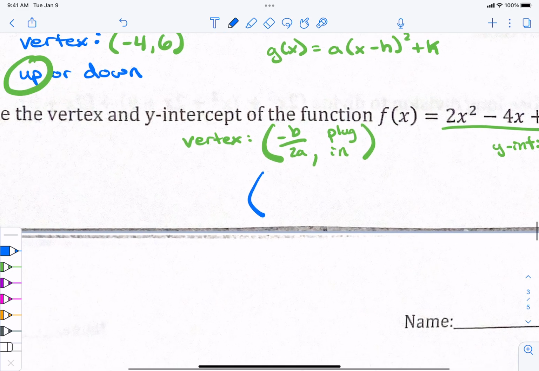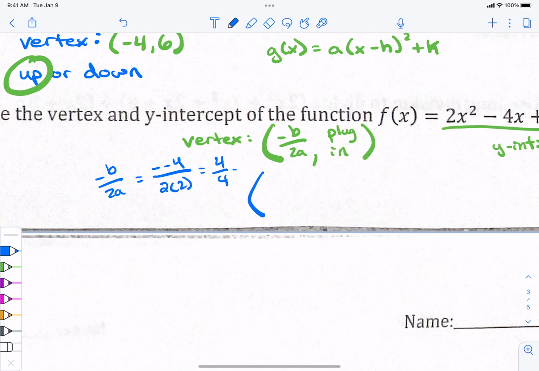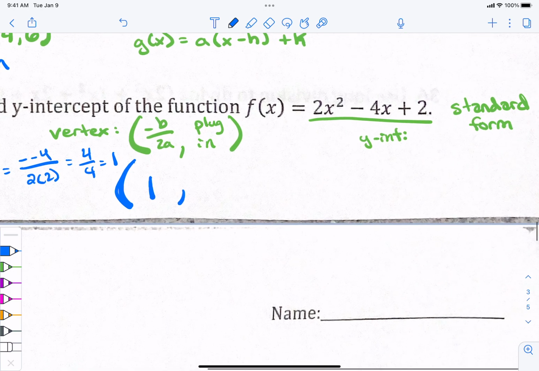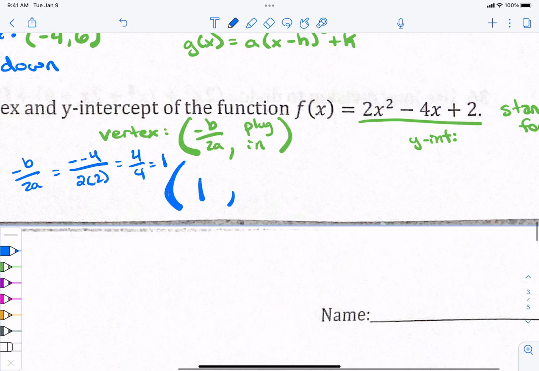All right, vertex. Negative b over 2a equals. Negative b will be negative 4. 2a is going to be positive 4. So this would be 4 over 4, which is 1. So my vertex is 1 comma something. And now I just have to find the something.